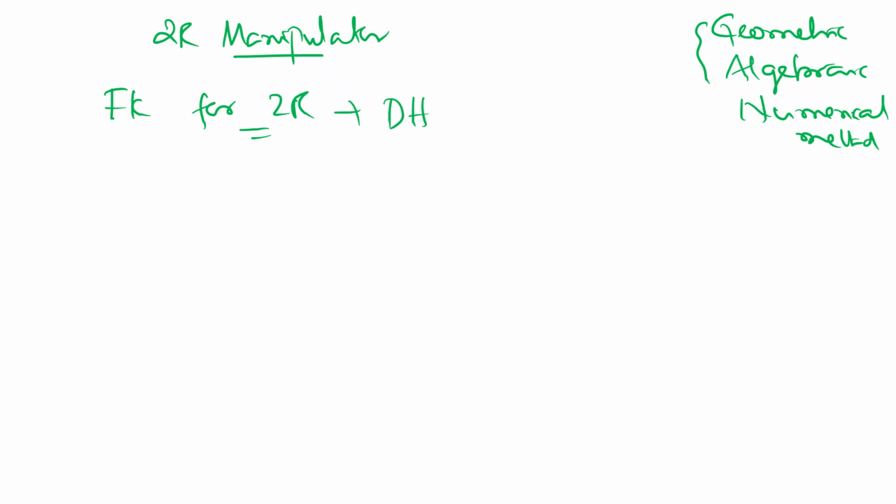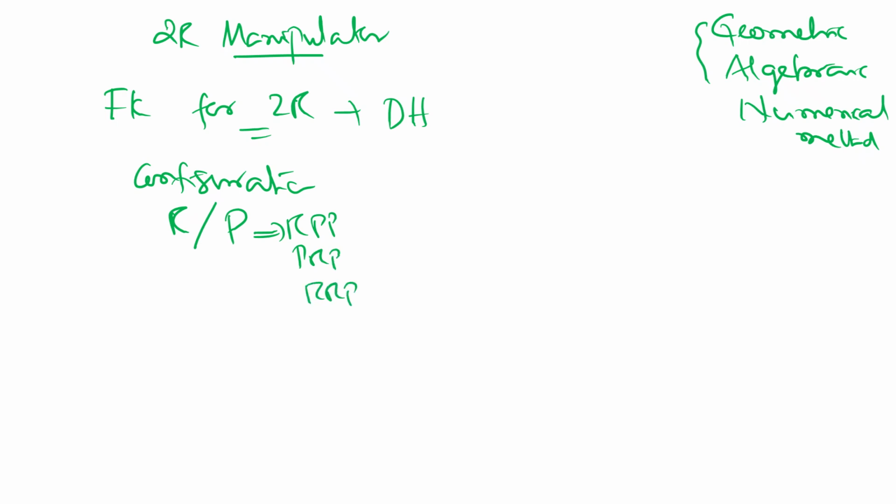Once you get the forward kinematics, then you have to derive the inverse kinematics. So the flow is, first you have to configure the robot. Configuration means, you have only two joints in a serial manipulator, revolute or prismatic. How are we going to arrange them? Either RPP or PRP or RRP or RRR or PPR, like that. First you have to give the configuration.